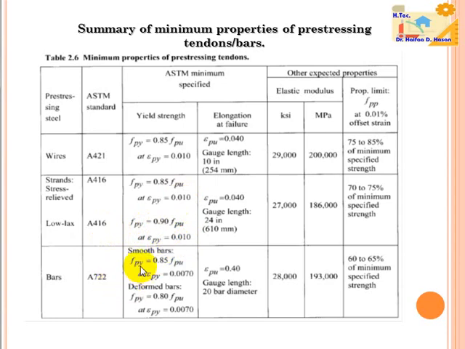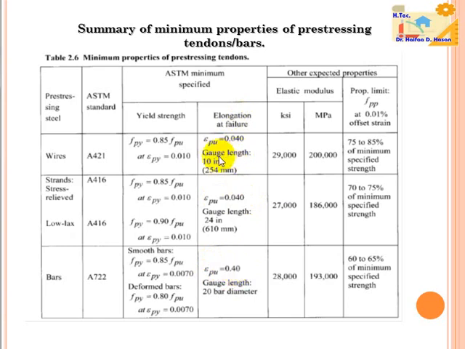Finally here we can see the yield strength for smooth bars equal to 0.85 of fpu, and for the deformed bar equal to 0.8 of fpu at strain 0.007 for each type. And here we can see the elongation at failure equal for all strand and wires 0.04, and just for bar equal to 0.04.